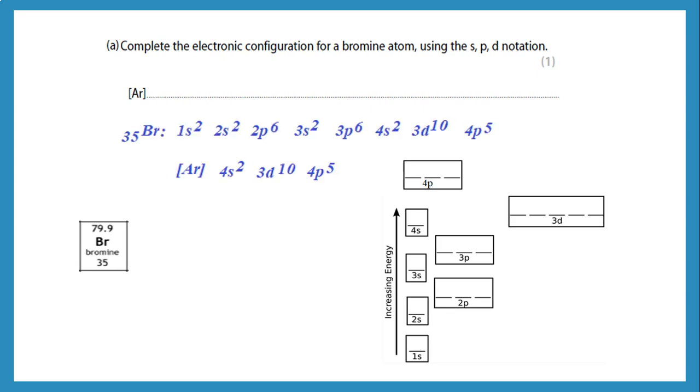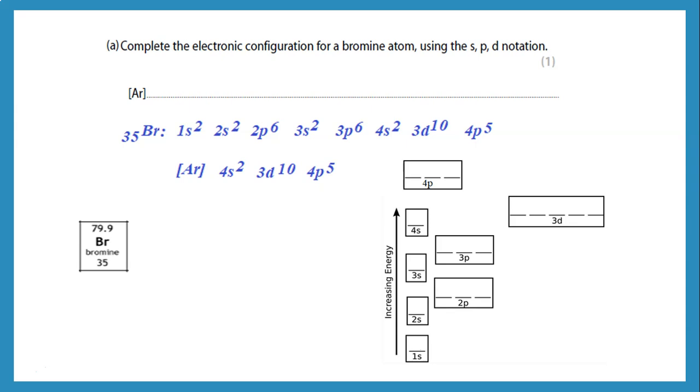So if I'm distributing the 35 electrons of bromine, 1s2, 2s2, 2p6, that's 10 of them. 3s2, 3p6, 4s2, that's the other 10. 3d10, so that's 30. I'm left with 5. I put them into the 4p. So the full electronic configuration is 1s2, 2s2, 2p6, 3s2, 3p6, 4s2, 3d10, 4p5.